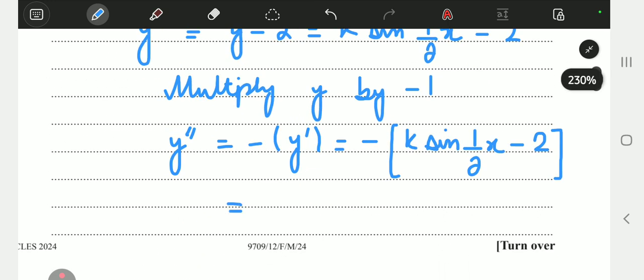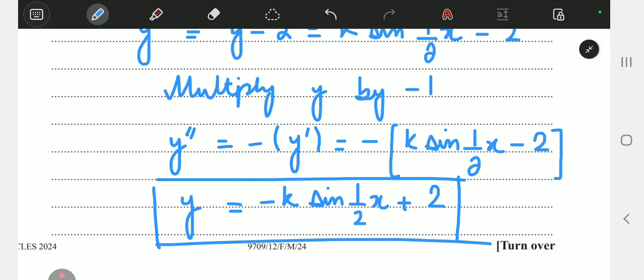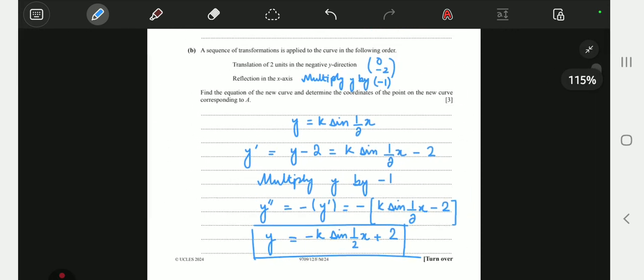So it will become minus k sine 1 by 2 x plus 2. This is how your new equation will be after applying the two transformations.